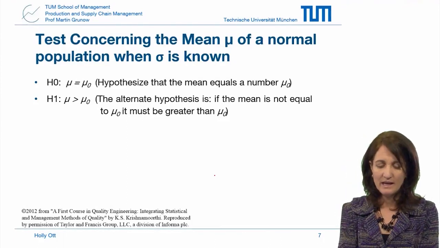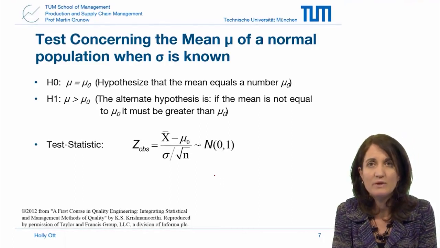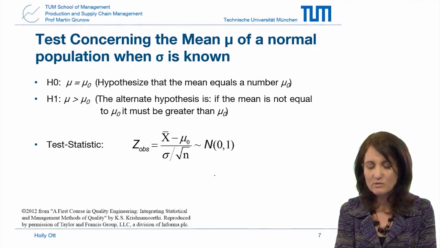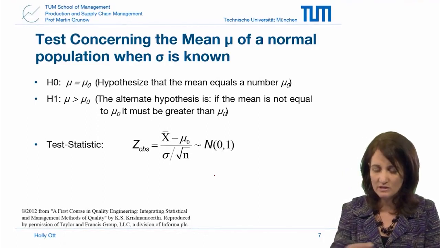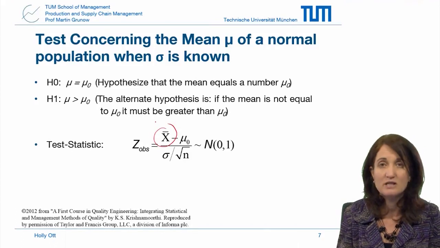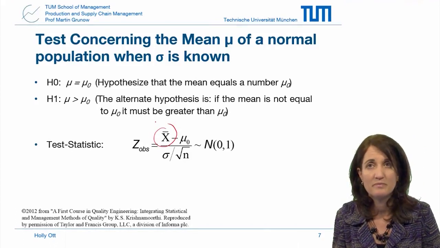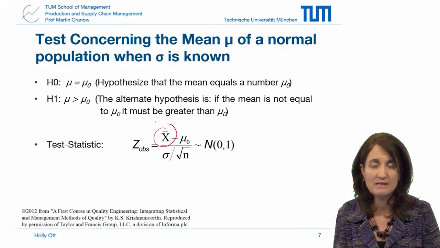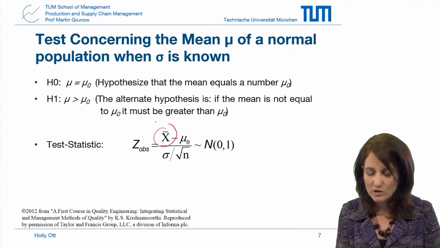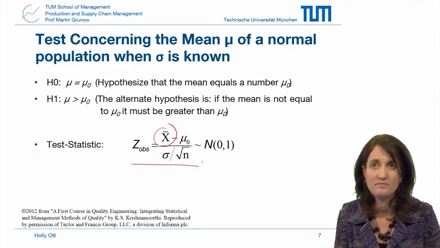Now we take a sample, and we calculate, as we did before, a test statistic. Now in this case, we're checking the mean of the population, so we calculate our x bar. Now sigma is known, and as our parameter x is normally distributed, we do our transformation.